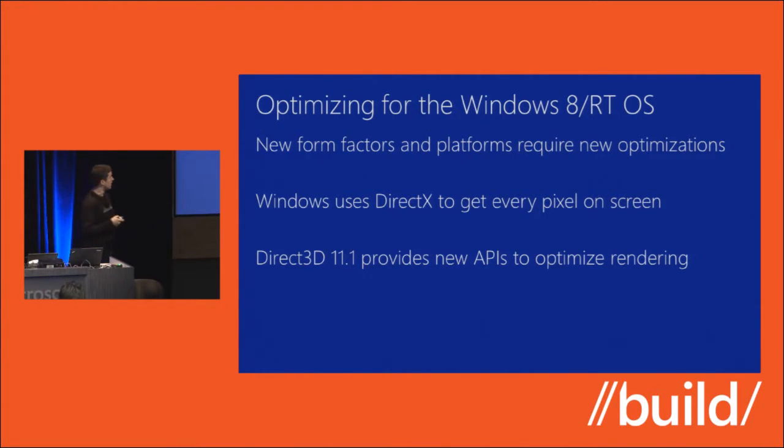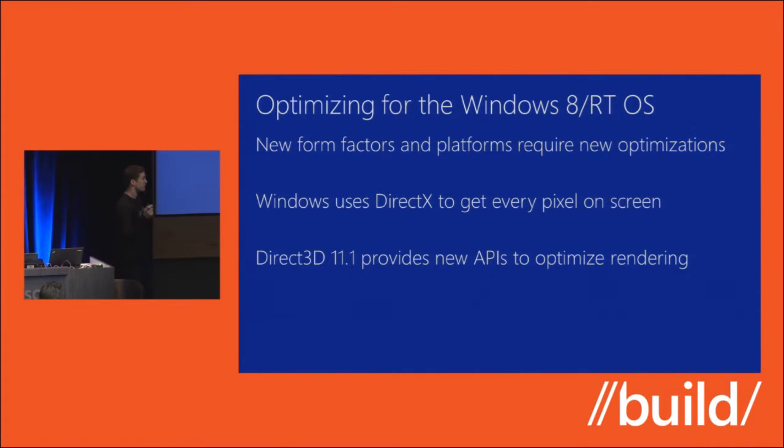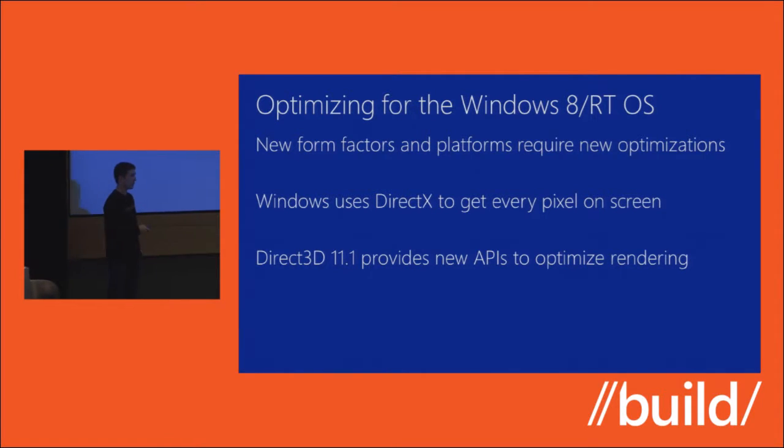In terms of the Windows operating system itself, the good thing to know is that DirectX is now used to get every single pixel on screen. The desktop compositor is always enabled. It's always ready to compose the UI. The charms bar, your application, split screen. So DirectX is now used at every single layer of the stack. If you're writing a Windows Store application, DirectX is the foundation for every single way to write a store application.